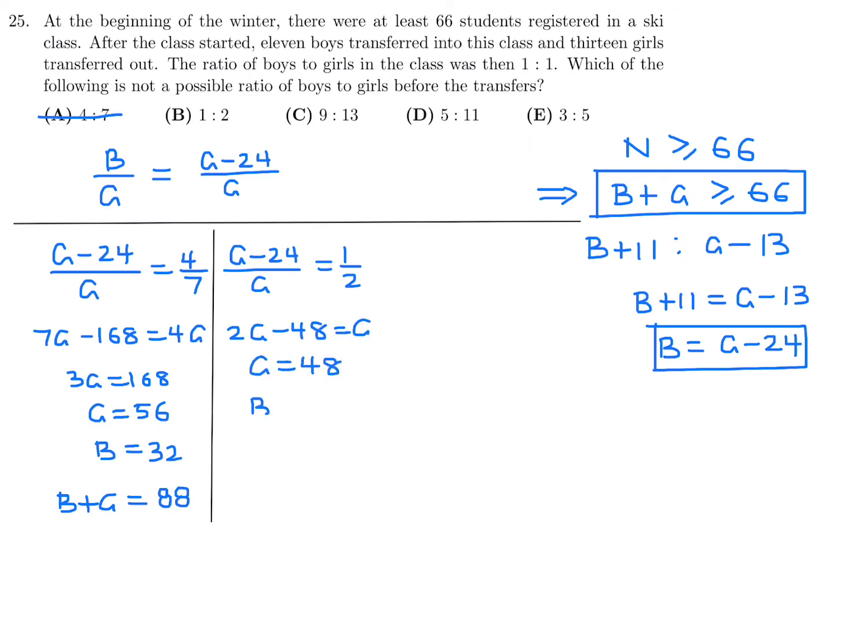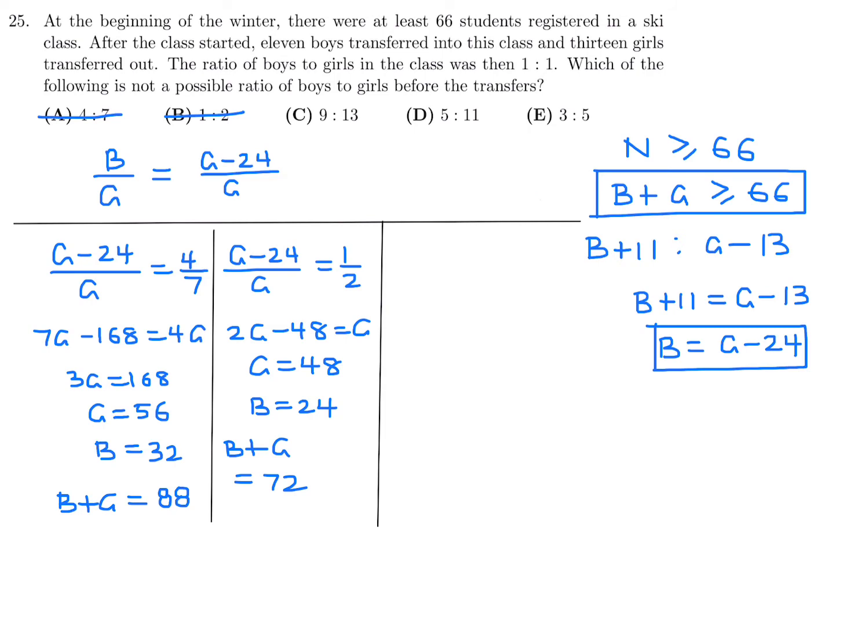And therefore, once you substitute G into there, you get B is equal to 24. Now let's figure out B plus G, and that is 72. Does that satisfy this guy? And the answer is sure. So that is also possible. So we cross that out because we want the one that's not possible. All right, let's keep going.